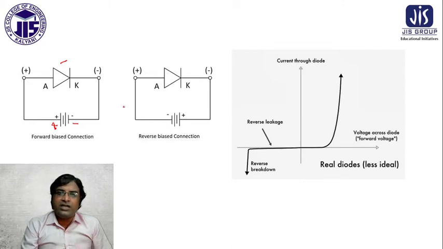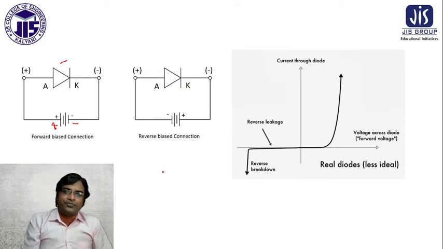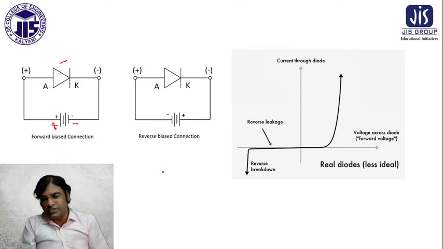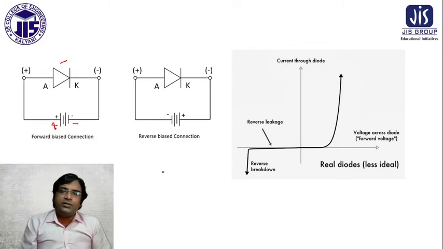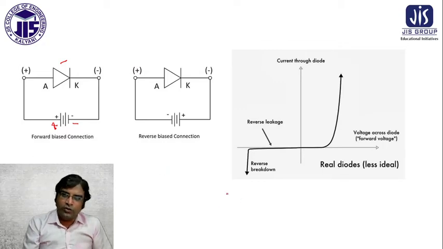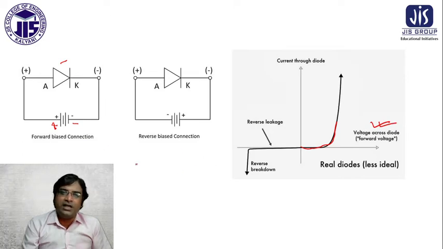In the reverse case, we just do it the opposite way. The negative terminal we introduce to the anode, and the positive terminal to the cathode. What happens, which we already know from the previous case, is that holes and electrons combine with each other and pass through, and a huge current flows. This graph represents the forward bias voltage, where we are applying a DC voltage across the diode terminals.